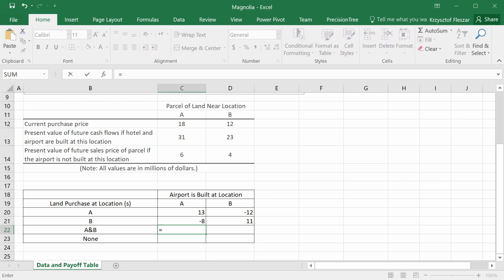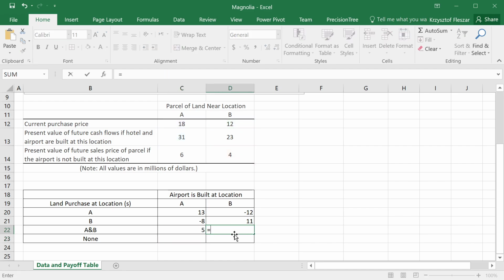If the airport is at location A, we get 31 million just for having the parcel at location A, and we get 4 million for having the parcel at location B, which is the wrong one. And we subtract the cost 18 and the cost 12. So I combine 4 numbers here, 2 revenues and 2 costs, and this is 5 million.